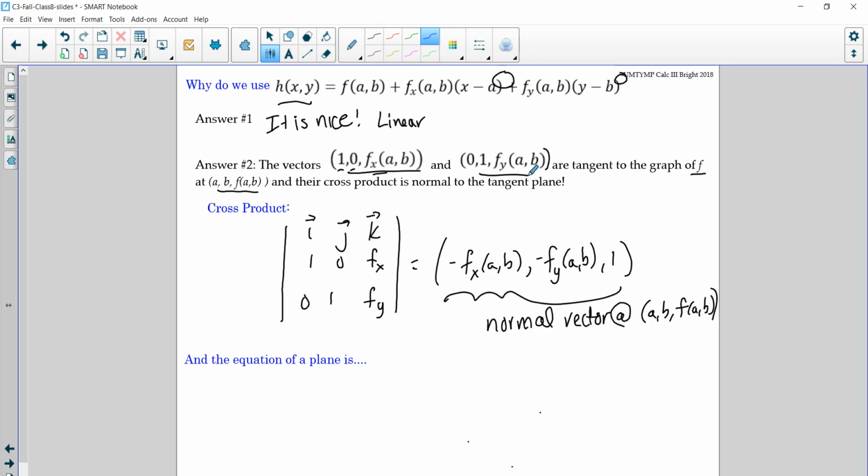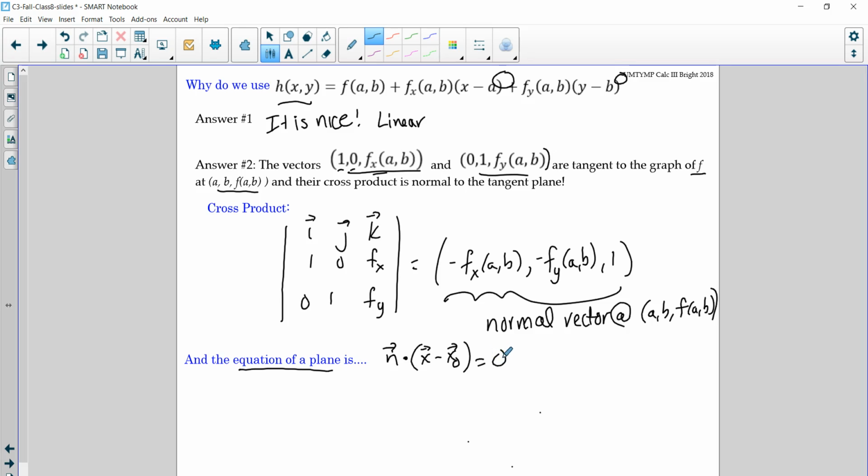Okay, so then why is this good for us? Well, back in Calc 2, we talked about the equation of a plane, right? And we said the equation of a plane, we can take the normal vector and dot it with a vector minus a vector that is on the plane, or a point, really, and that is equal to 0.